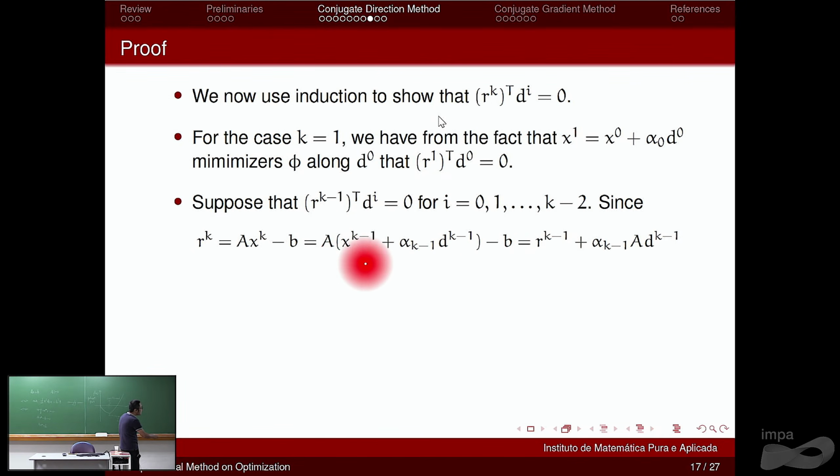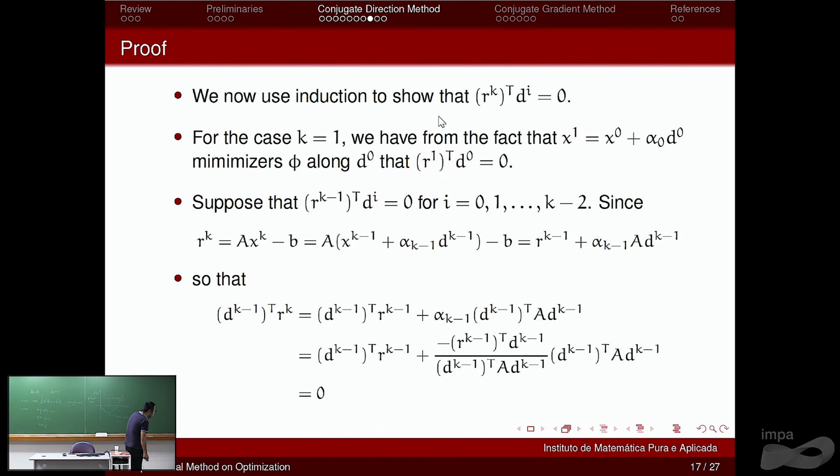By the definition, A xk minus 1 minus b is just the residual at the point xk minus 1. So this is rk minus 1 plus the middle term, A alpha k minus 1 dk minus 1. Now we consider dk minus 1 transpose rk, where we substitute rk by rk minus 1 plus alpha k minus 1 A dk minus 1. So we get the first equality.